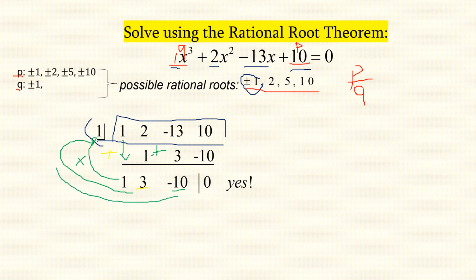Then, after that, multiply ulit sa 1. So, we have negative 10 times 1 will give us negative 10. Then, kapag in-add natin yung positive 10 at negative 10, ang makukuha ay 0. Ibig sabihin, we have a remainder 0. Then, it is a root of the given function.